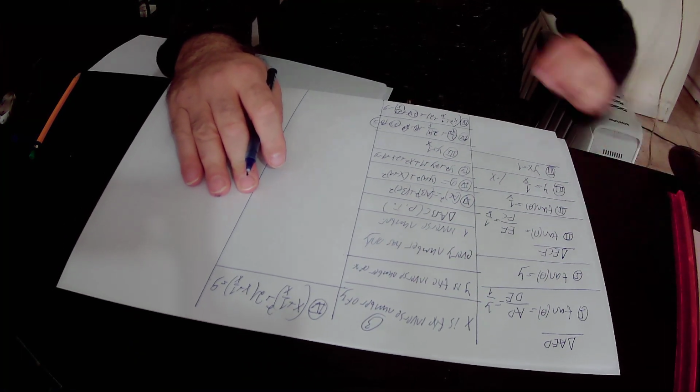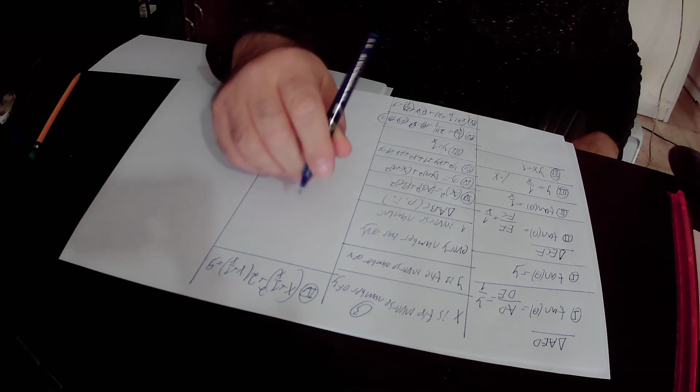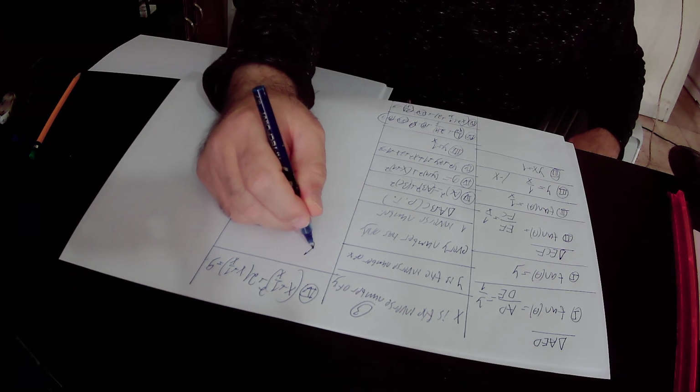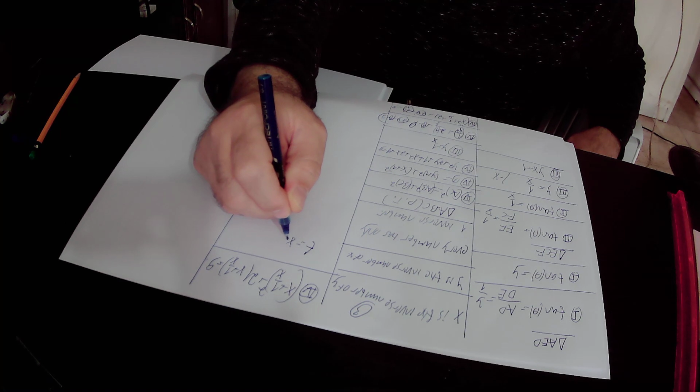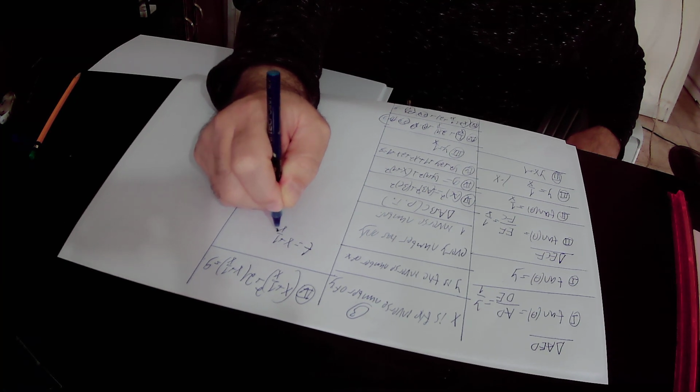Here we will define x plus 1 over x as t, that is to say t equals x plus 1 over x according to our definition.